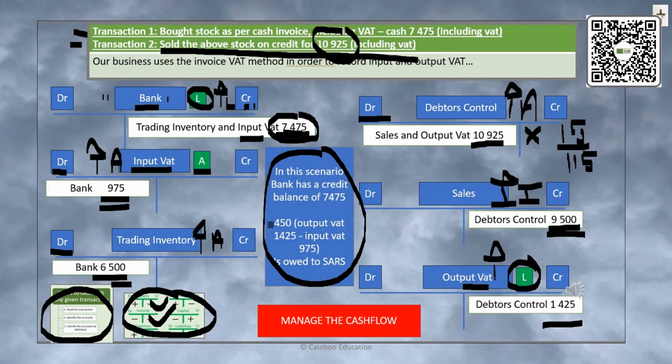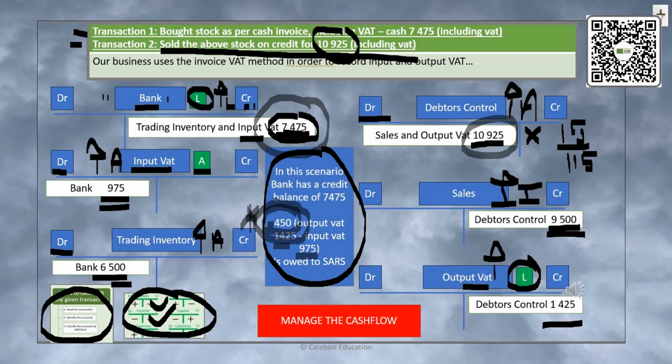And how I calculated that, I said output VAT minus the input VAT. Can you see there's a problem? We haven't actually collected this money from the debtors, but now we must go and do a VAT return. We owe the bank money, and now we owe SARS money.